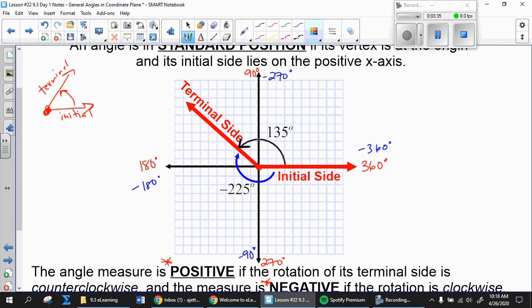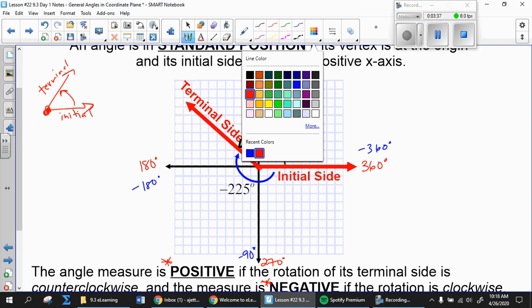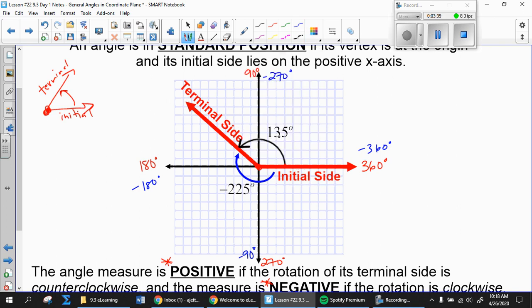Okay, and so it depends on which way we rotate, whether it's positive or negative. So if I want to look at a 135-degree angle, it's positive, so I'm rotating counterclockwise. I'm going past 90 degrees, but I'm not quite getting to 180 degrees. And so this 135 is going to fall somewhere here between 90 and 180.